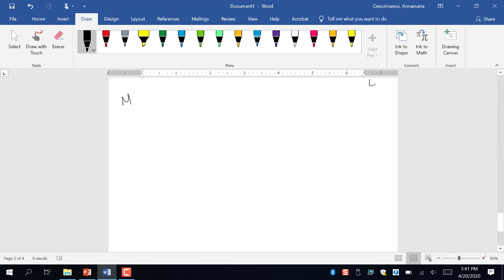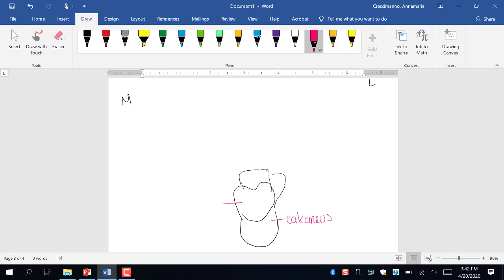So we have that calcaneus, which is my heel bone. And on top of that, we have the talus. And then cradling the talus, again, we have that navicular right here. And then next to it, we have that cuboid.